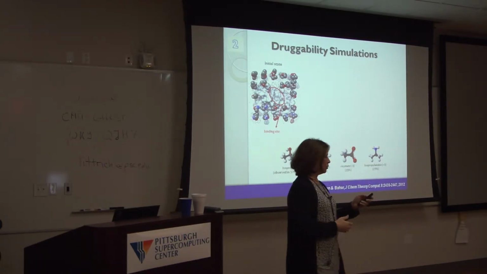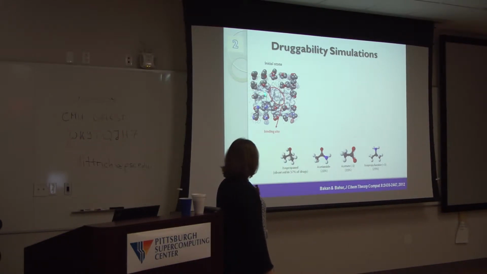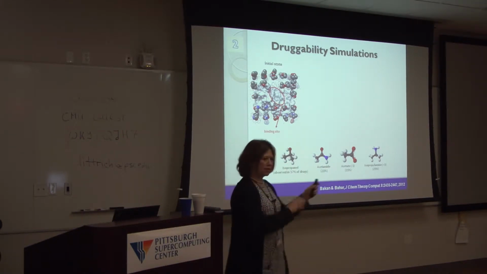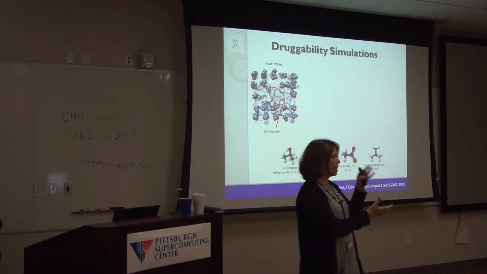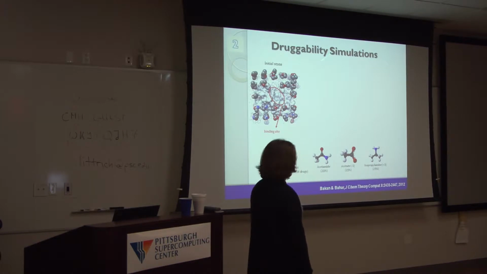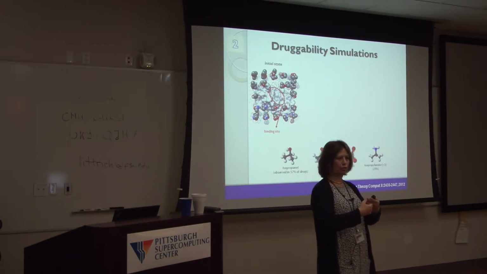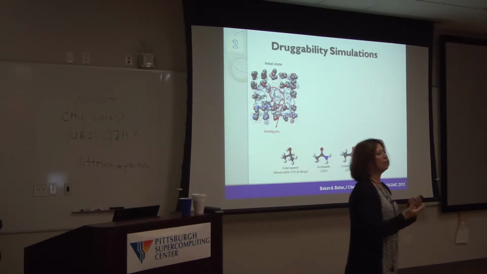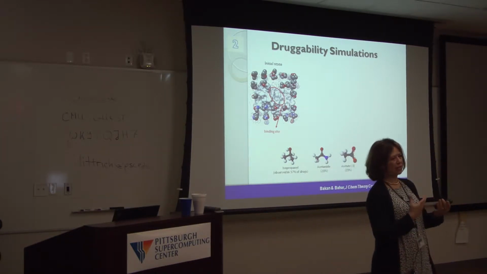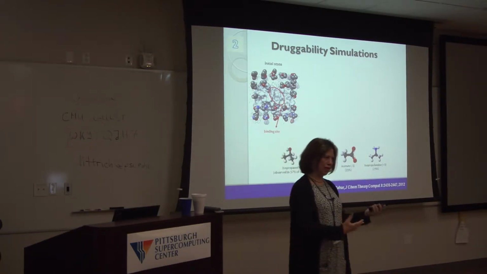So the goal is the following. We're going to do the simulations here, and we're going to see where those small molecules land on the surface. And perhaps there will be some positions that will really like to bind those small molecules. And depending on the type of those fragments, we can even make assessments about which type of functional groups are most likely to bind.